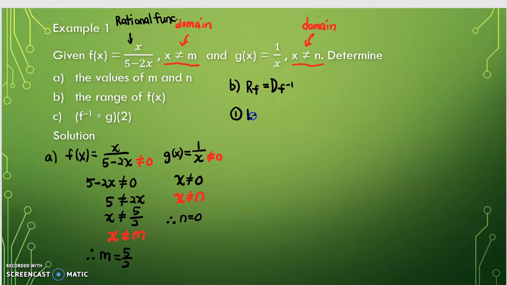So I will let y equal to the given function, which is x over 5 minus 2x. Next step, I will multiply the denominator to the left hand side. So I should have y multiplied by 5 minus 2x equals x.